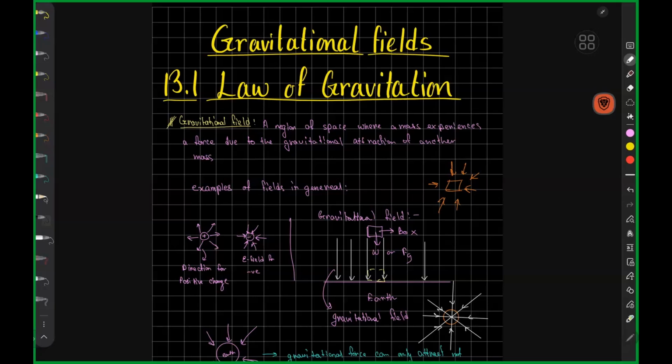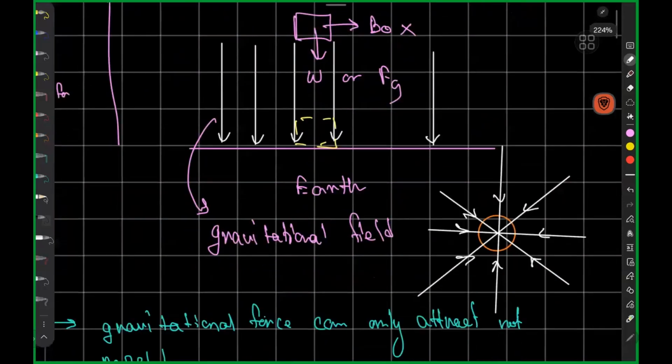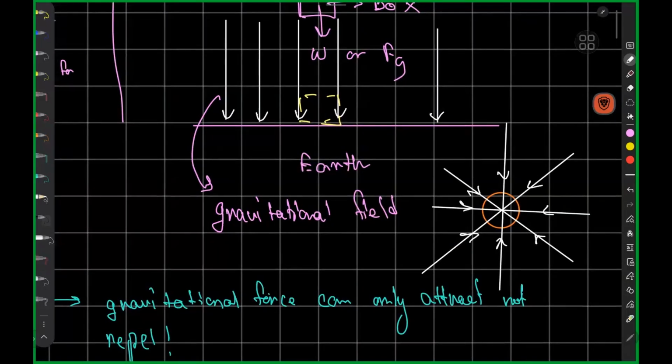Ultimately, if I come back to over here, we have a mass and it has attractive forces. Since it has a mass, it will have a tendency to have a force towards itself, which is described by the white lines.